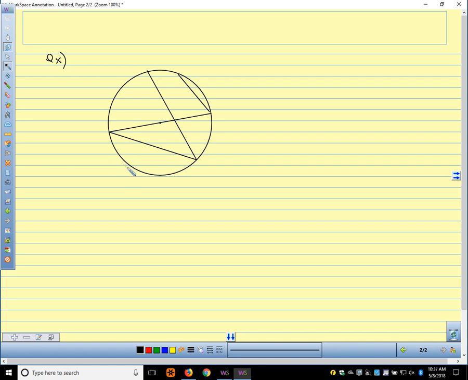And I'm going to say this angle is B degrees. This angle is 52 degrees. We'll call this B, C, A. This arc is 56 degrees. And this arc is A degrees. And we want to find A and B.